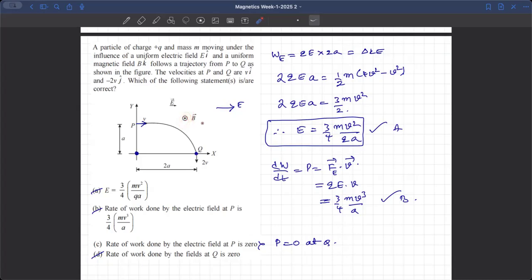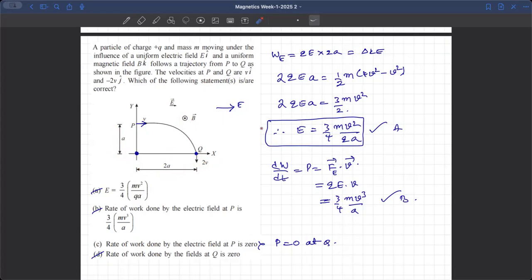The figure shows the trajectory from P to Q, and the velocities at P and Q are also mentioned: one is V I cap, the other is minus 2V J cap, meaning 2V downwards. This distance is A and this distance is 2A. Which of the following statements is correct?